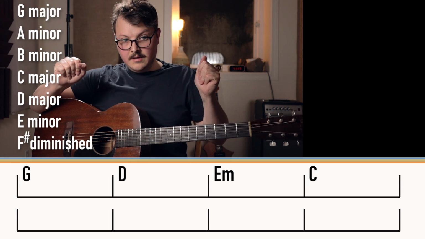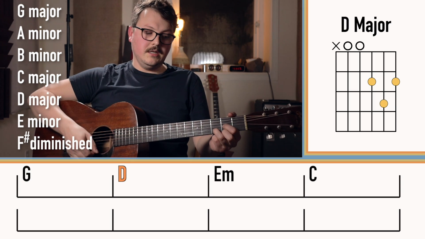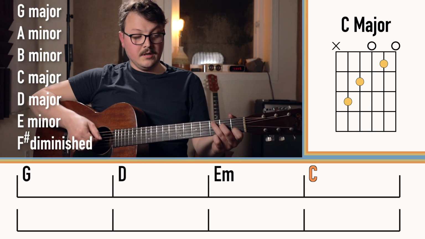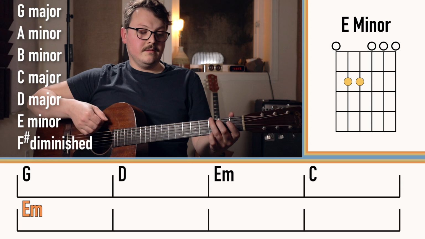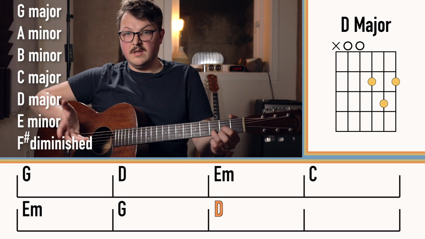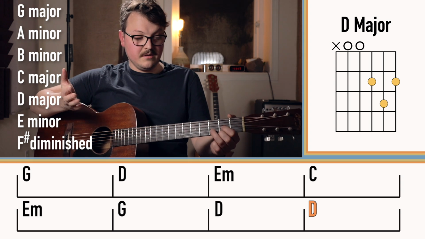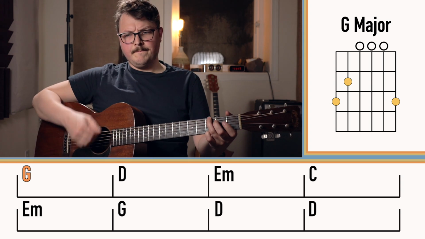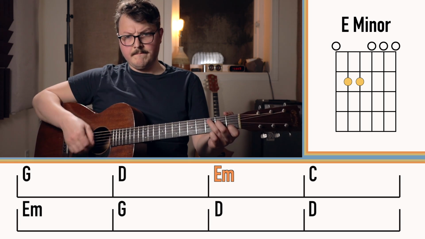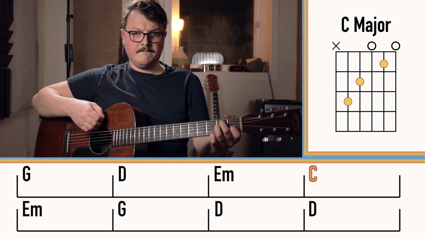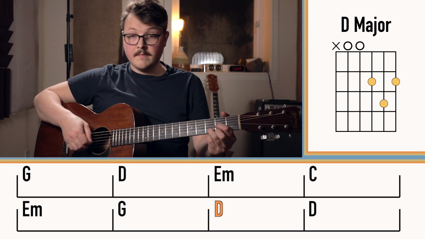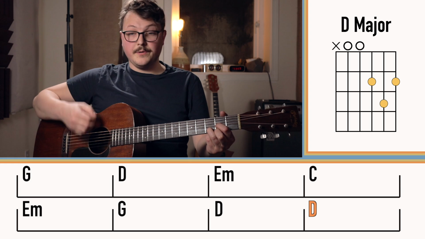Let's say first time around we got G, D, E minor, C. The second time around we could go E minor, G, D, and then just do D twice, like it shows on the grid there. So now we've got you've got this whole story.